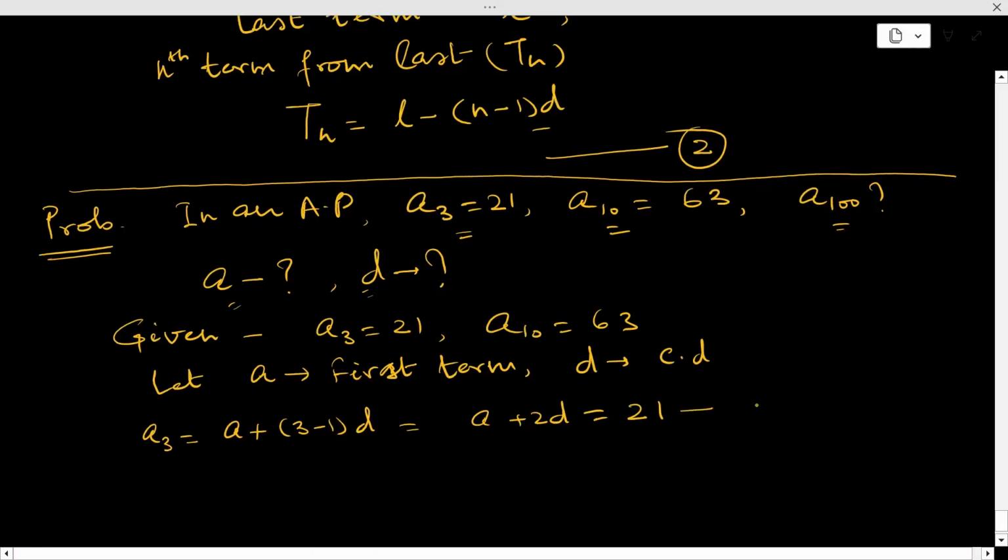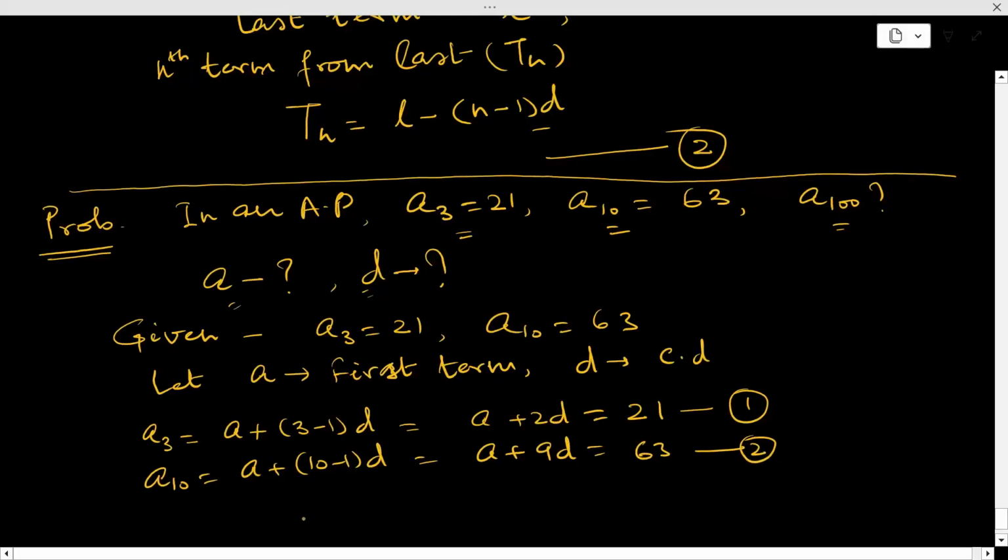Let us name this equation 1. Next we have A10, which is A plus 10 minus 1 into D. So that is A plus 9D, which is given as 63, equation number 2.